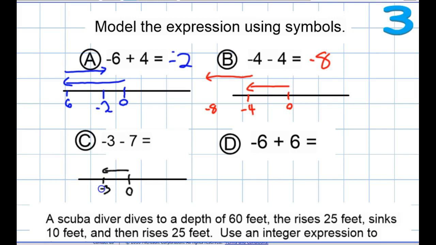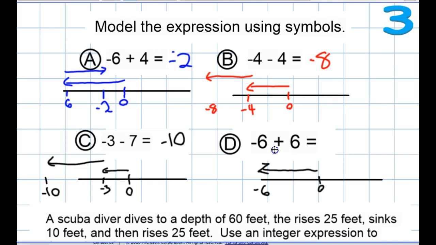Say this is -3. And again, we're going back 7. So we'll say this is -10 because -3 minus 7 is -10. Finally, we have one last one. So start at 0. And we'll go backwards, -6. But then we're adding 6 again. So we're going right back to 0. So -6 plus 6 is 0.